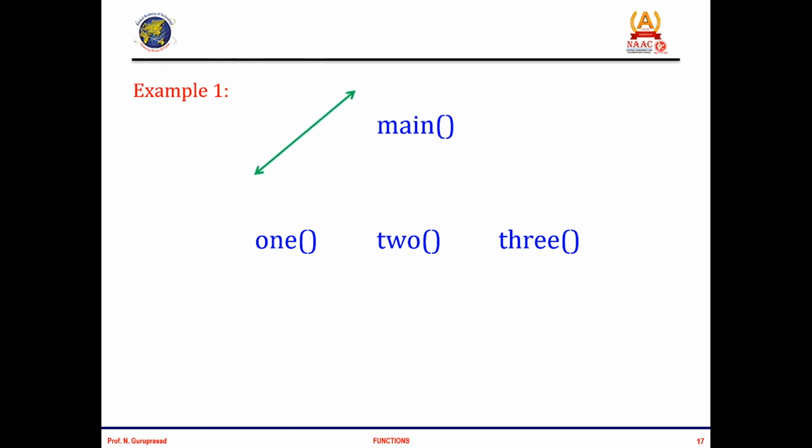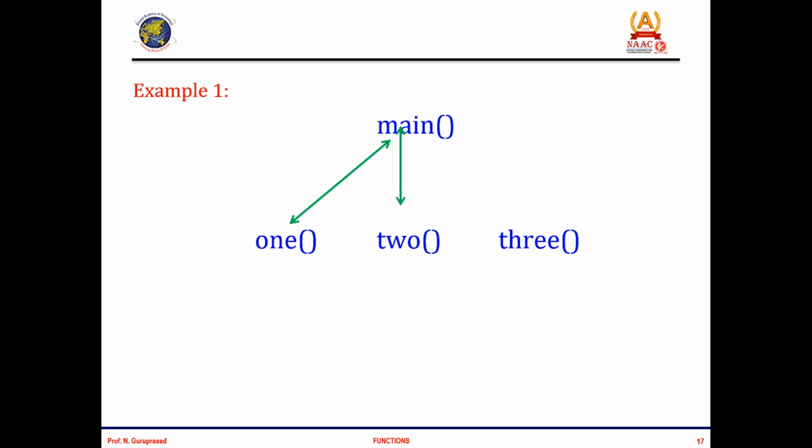Now, look at this. Every C program starts its execution from main and ends at main, irrespective of what you do in between. So in this case, I am calling a function called 1 from main. So the control comes to function 1, and then it goes back to main.